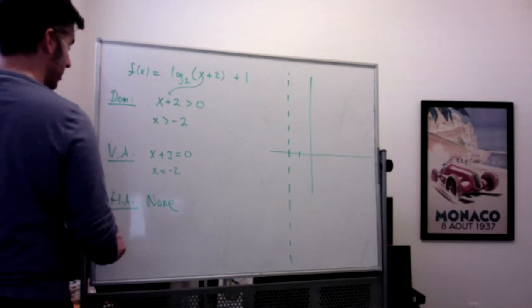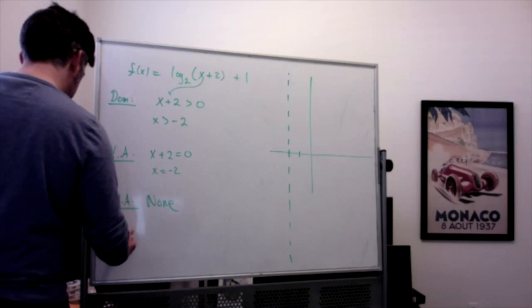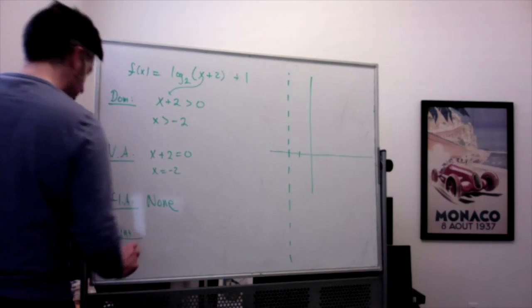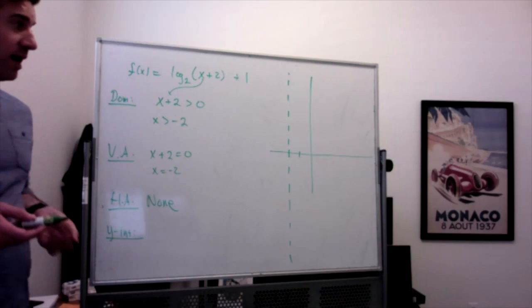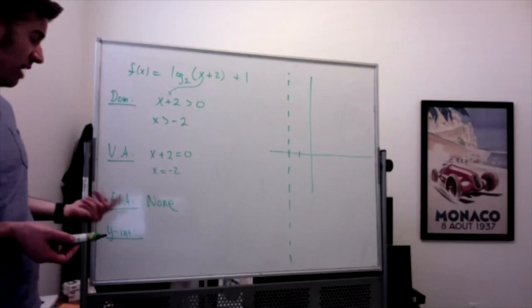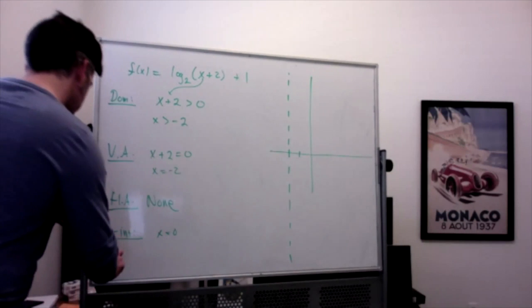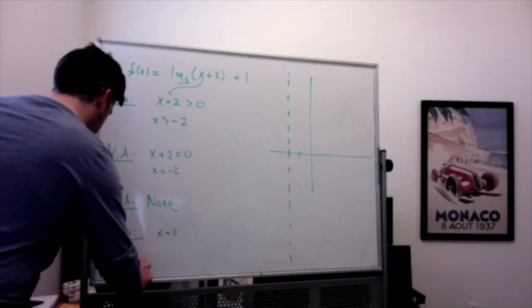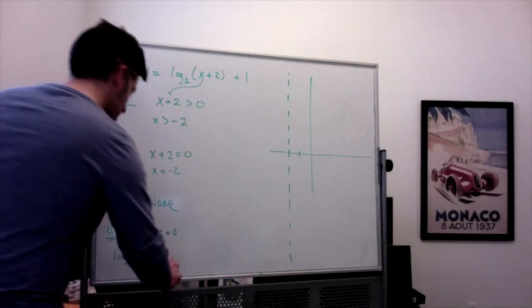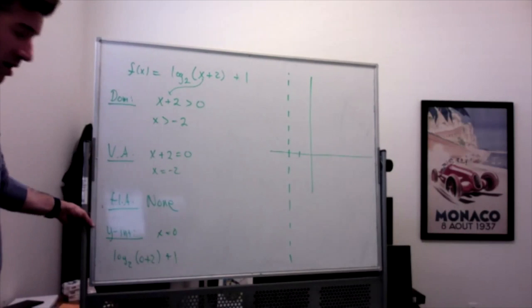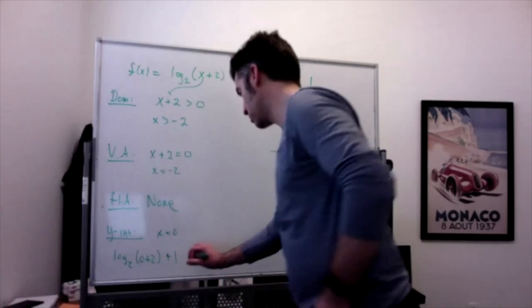Okay, let's talk about the y-intercept. For the y-intercept, you're going to set x equal to 0. And we're going to get log base 2 of 0 plus 2, plus 1. All right, I need you guys to help me out.